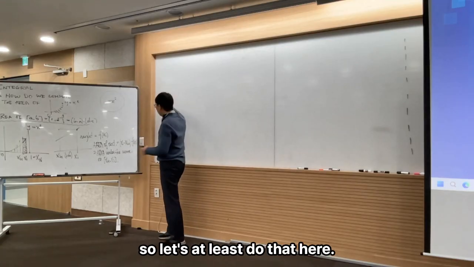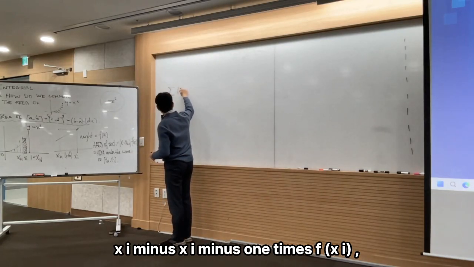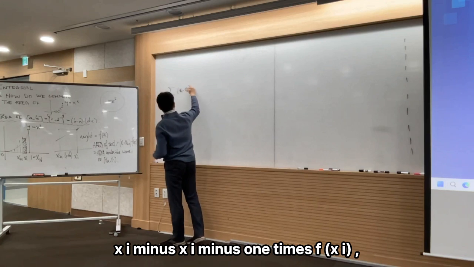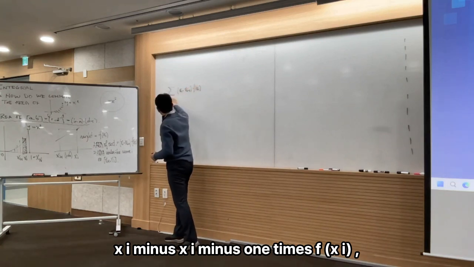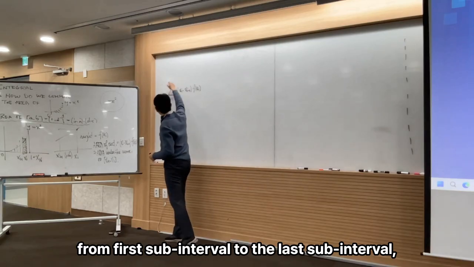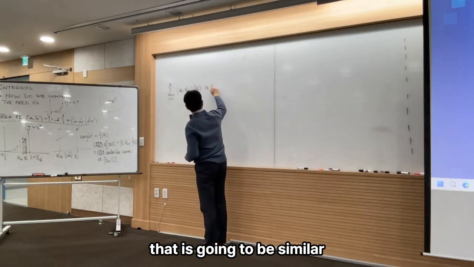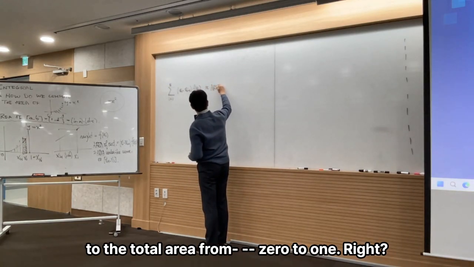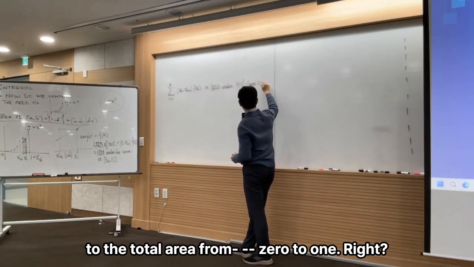So let's at least do that here. If I take the sum of all the areas, x_i minus x_{i-1} times f(x_i), from the first subinterval to the last subinterval, that is going to be similar to the total area from 0 to 1, right?